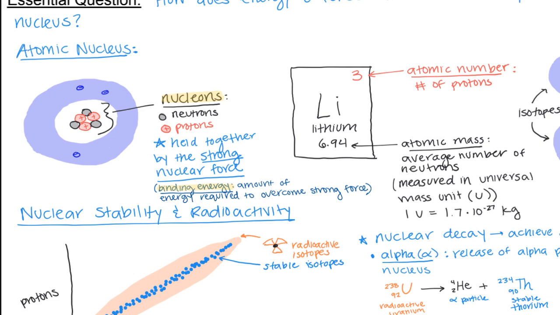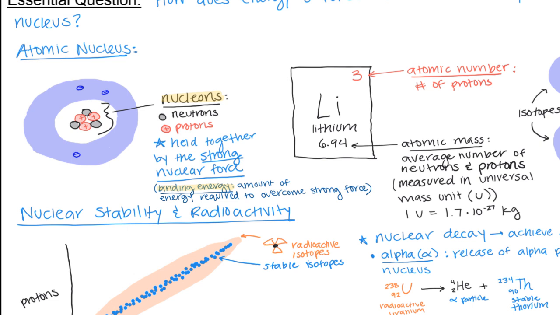Now, our atomic mass describes the average number of neutrons and protons in one of those atoms. We know that the number of protons is never going to change. If we were to have a different number of protons within an atom, it would be a totally different type of atom. But we can change the number of neutrons.